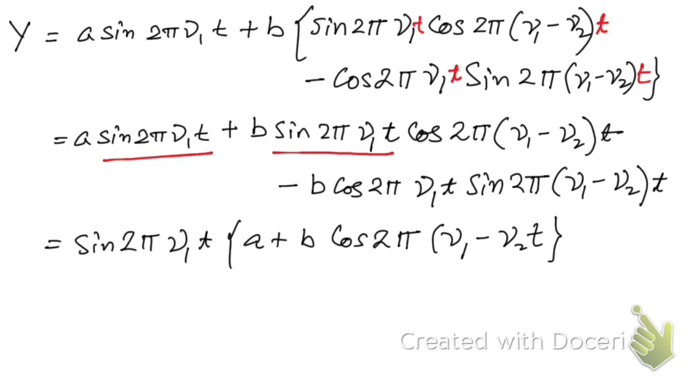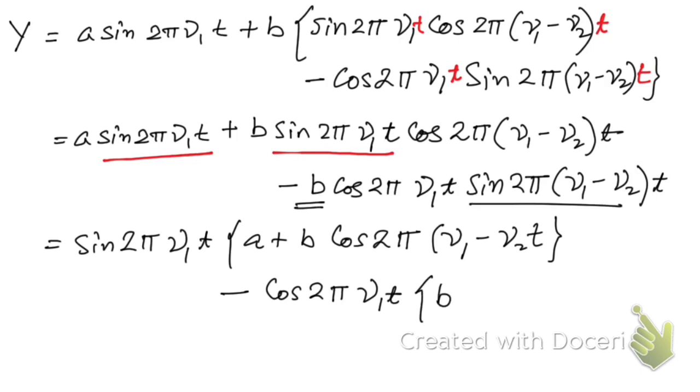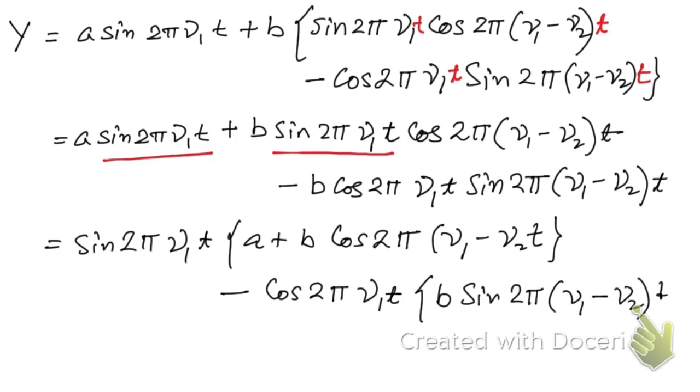Then minus, let me write cos 2 pi nu1 into t first, then within bracket b into sine 2 pi nu1 minus nu2, that's what we have got into t, right?